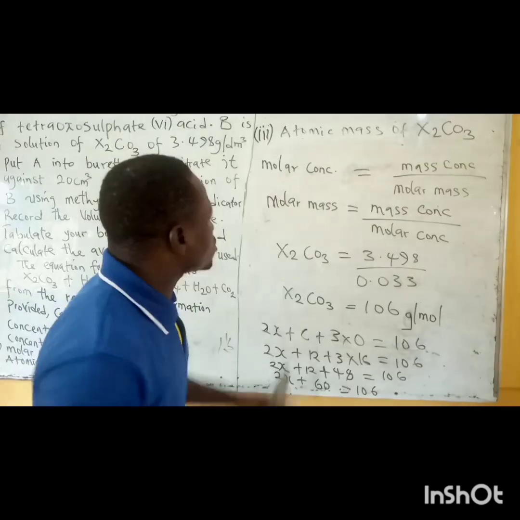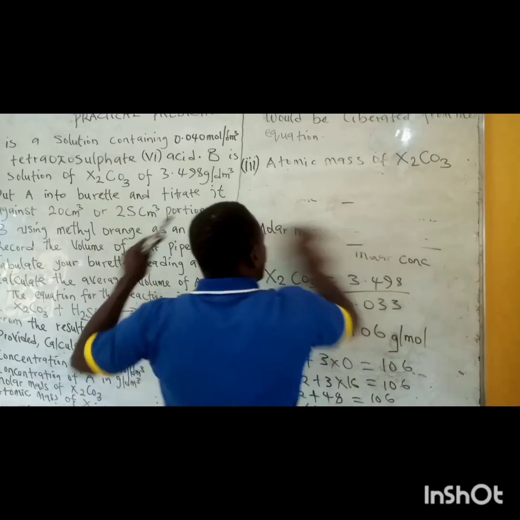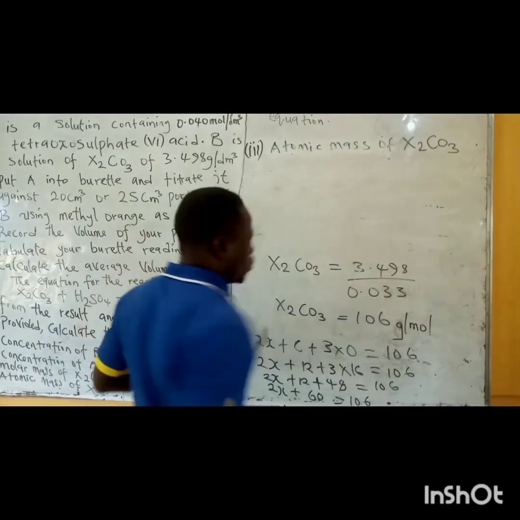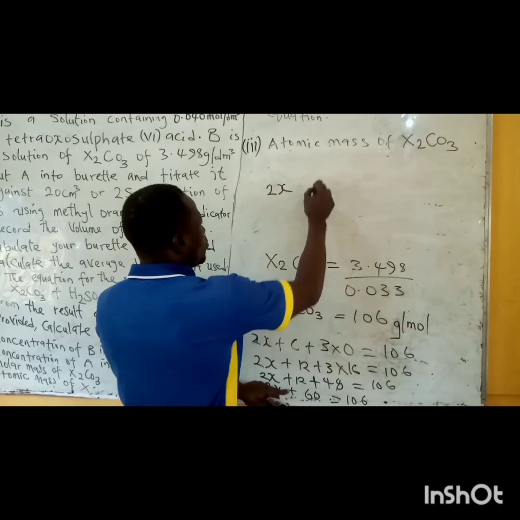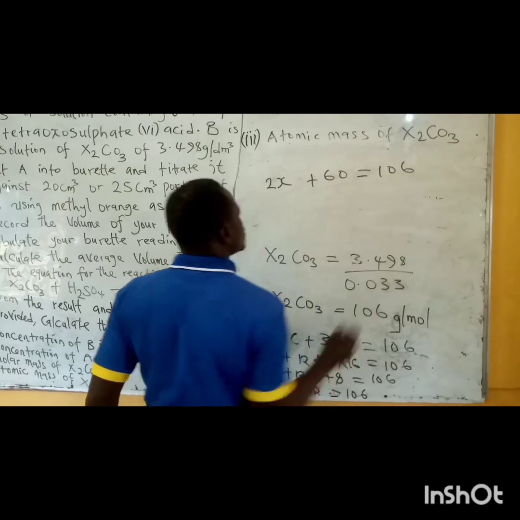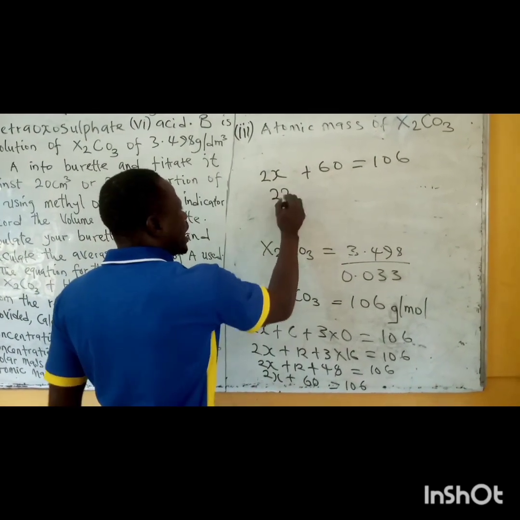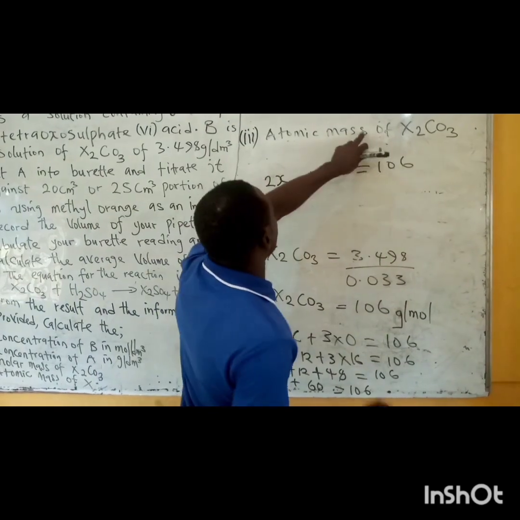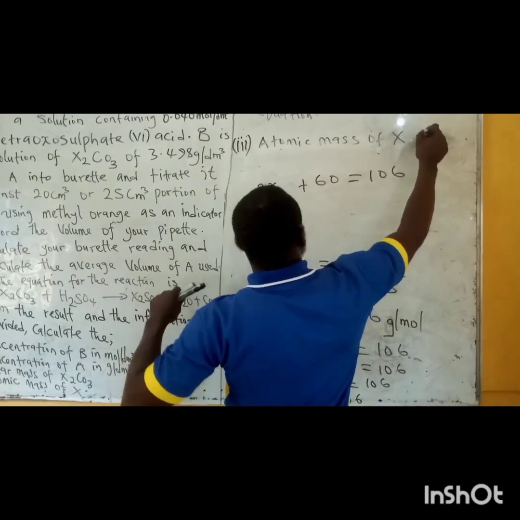So let's just wipe and continue here. So we now have to bring this down. 2x plus 60 is equal to 106. Of course, you know mathematics, simple mathematics. You want to make x alone. Remember, you are looking for the atomic mass of x in this equation.